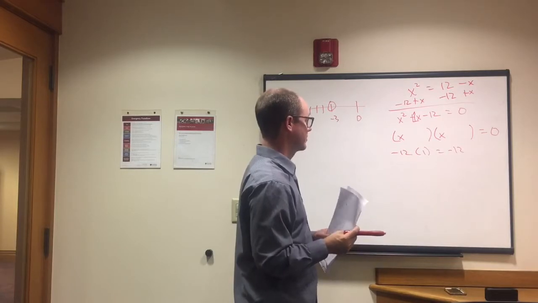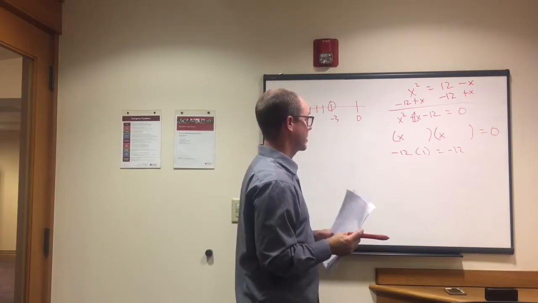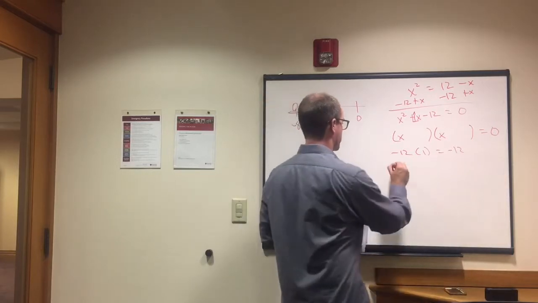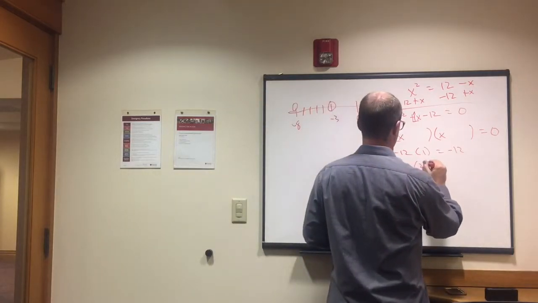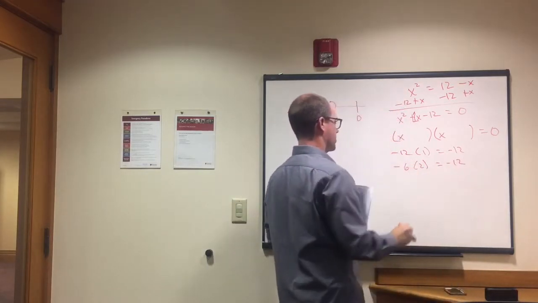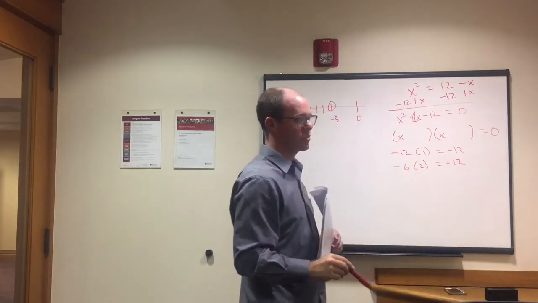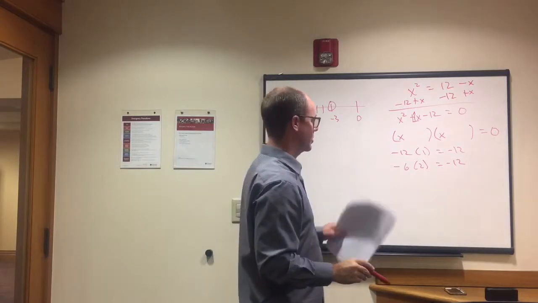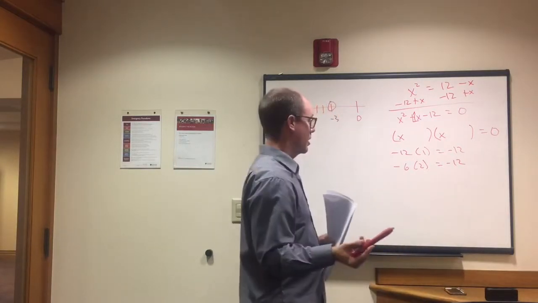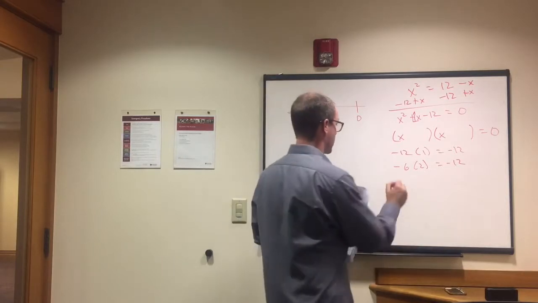What about 6 and 2? So what if it was negative 6 times 2, that equals negative 12, okay? Negative 6 plus 2 is negative 4, so closer, but still no good. And then our others would be negative 4 and 3.